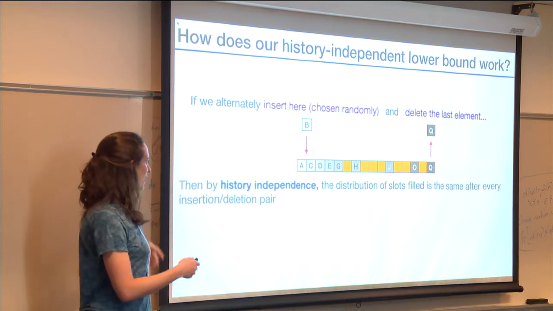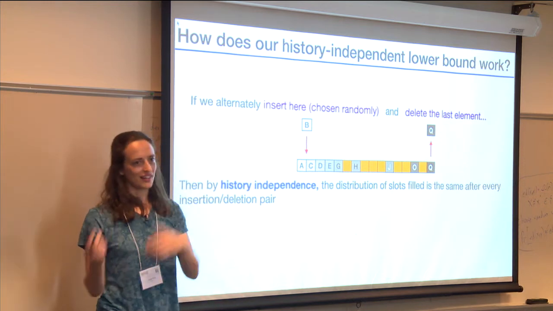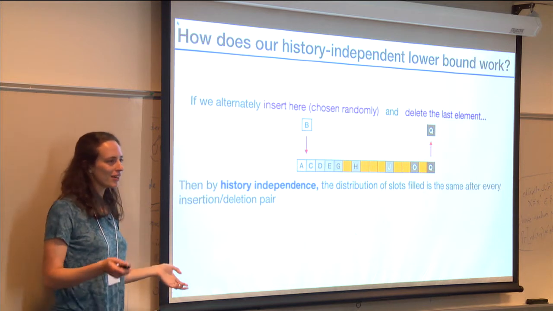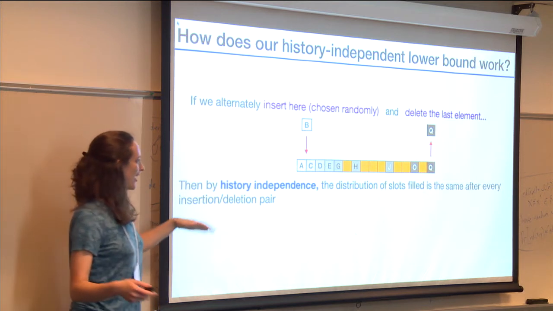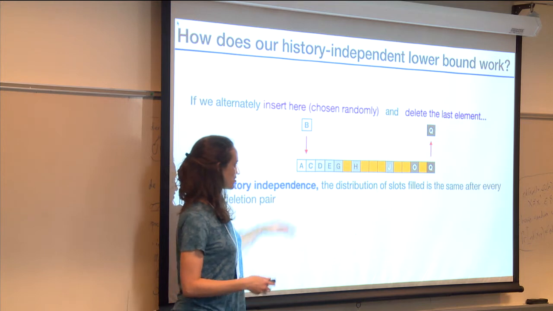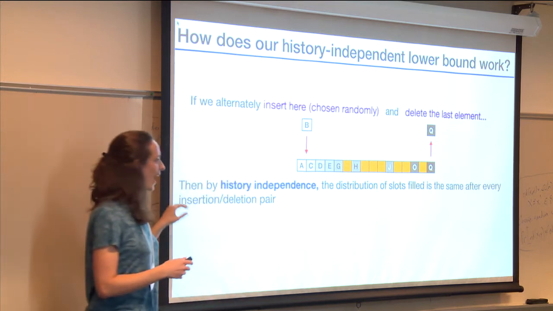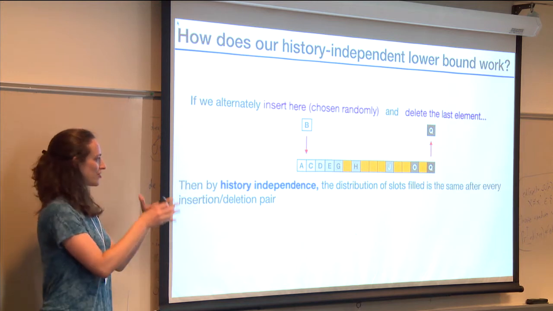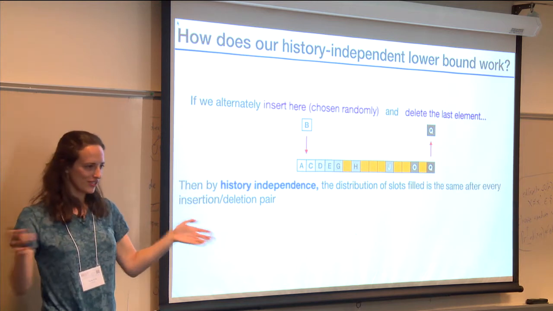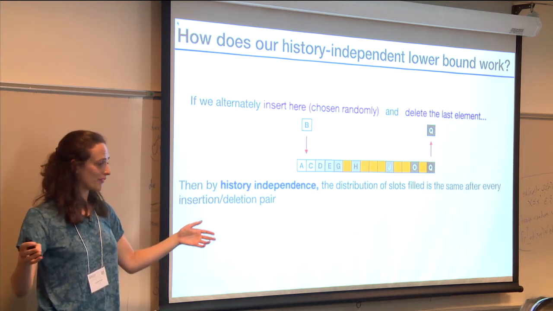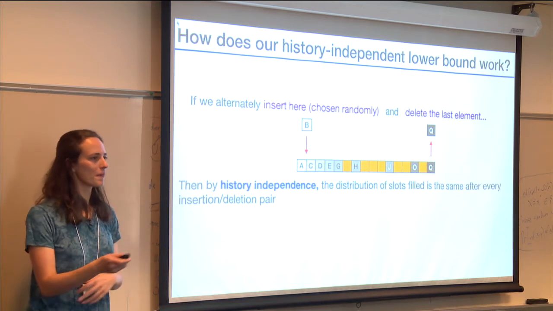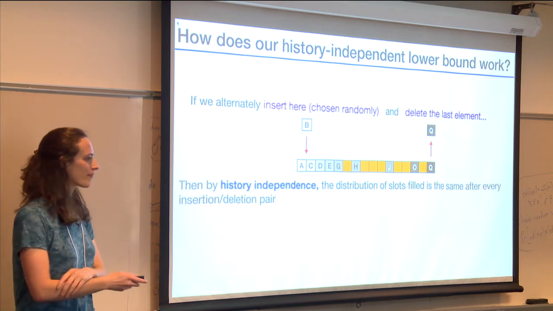If I do an insertion and then a deletion, I'm left with the same number of elements in the array that I started with. And because of that, I'm going to have the same distribution of slots filled after every insertion-deletion pair. So I start out with some distribution of how the slots should be filled, I perform an insertion-deletion pair, and it stays the same by history independence.